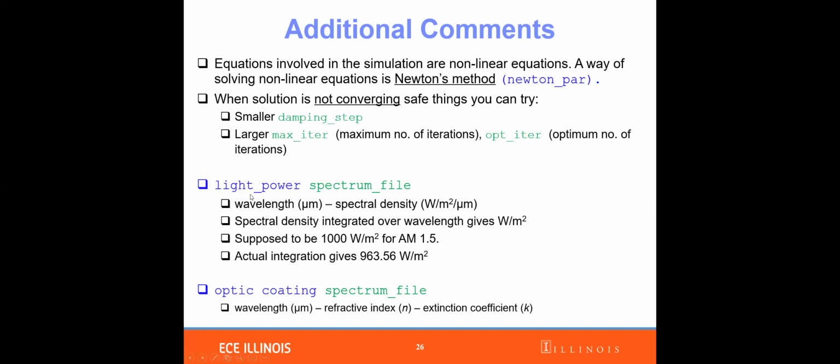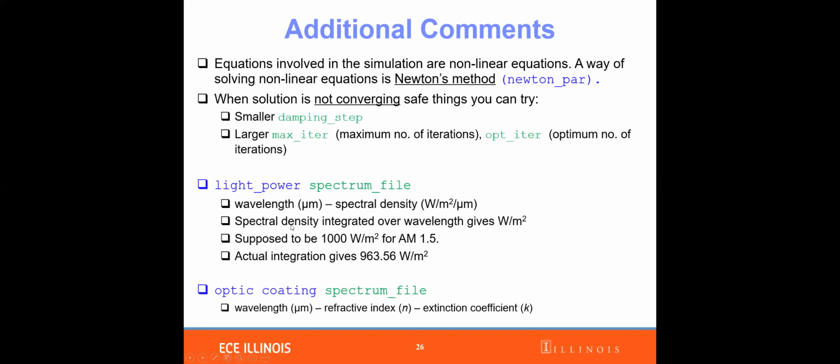Yeah. For the light power spectrum profile, like solar.an15 or solar.silicon dioxide, in that spectrum file you are going to provide the wavelength as a function of spectral density. And you need to know what the default unit is for the wavelength and for the spectral density.